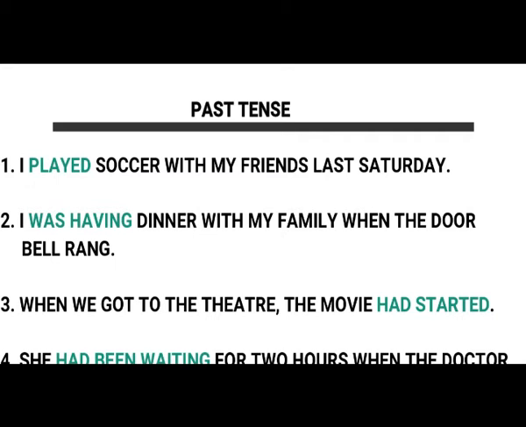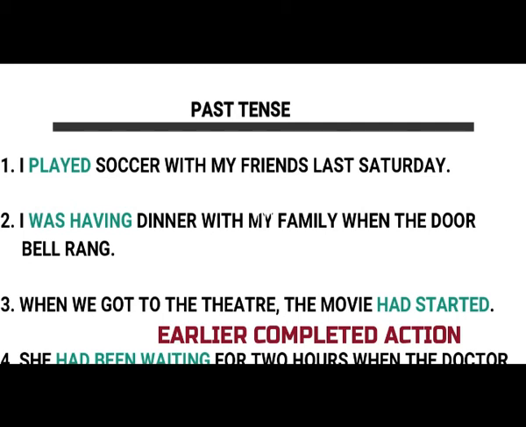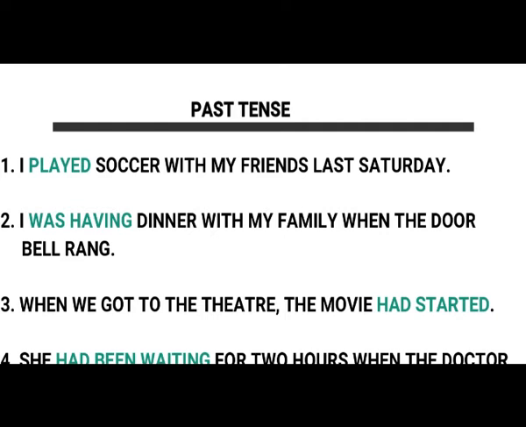This is again a completed action, but this time an earlier completed action, an action that completed first. In next sentence, had been waiting is a continuous verb, but this time this continuous action happened first.